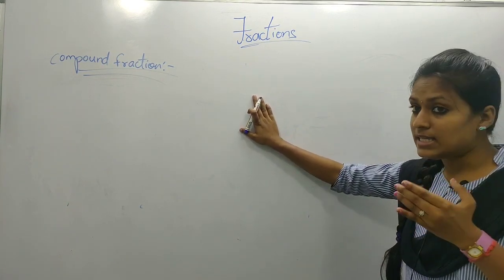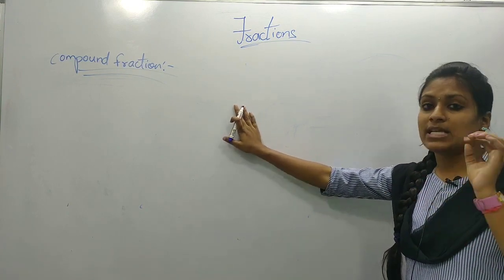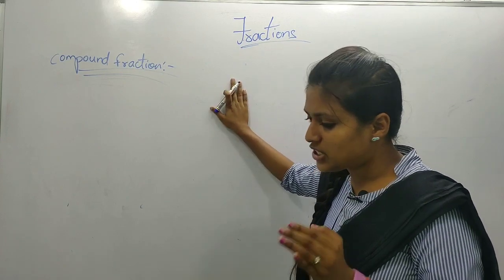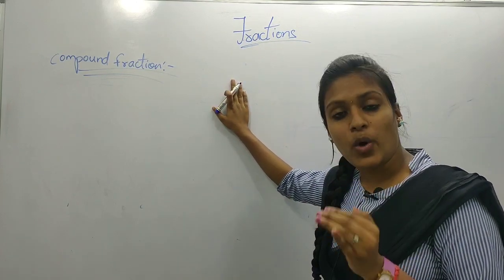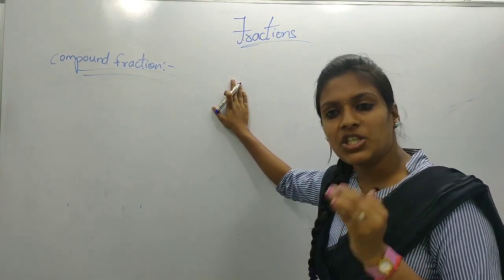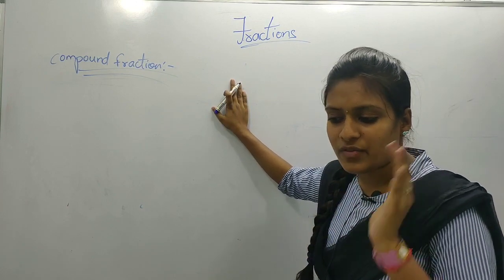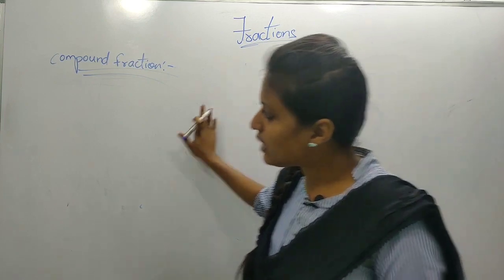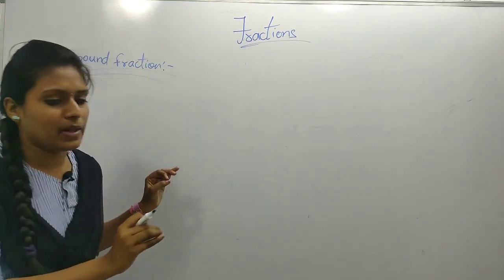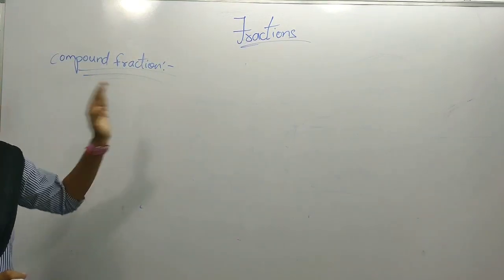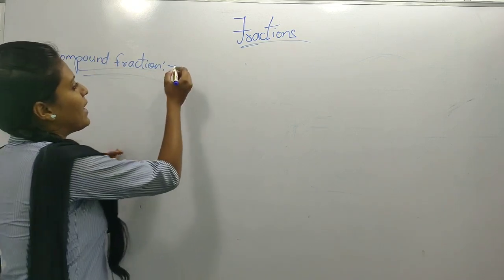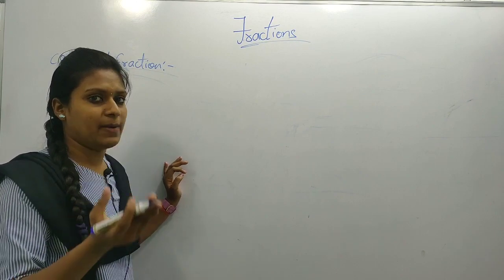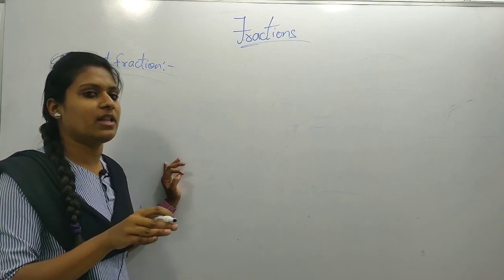You did not understand, I think. Once again I am repeating, just hear it in a better way. A compound fraction means a fraction in which the numerator and denominator are both fractions. First observe the definition and keep it in mind. I request you to write in your notes what I am explaining so that you can practice it very well.